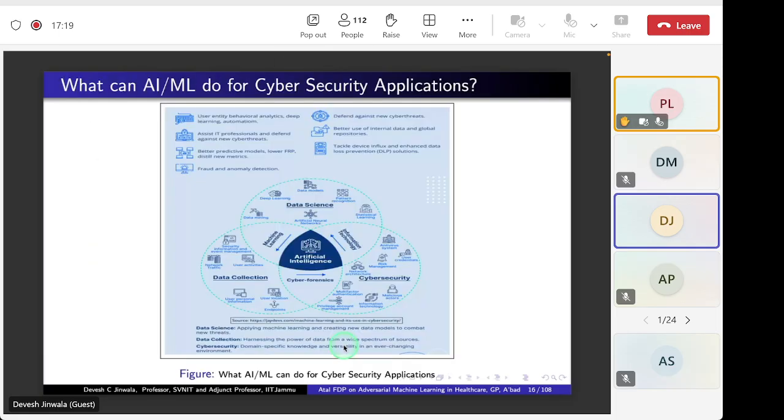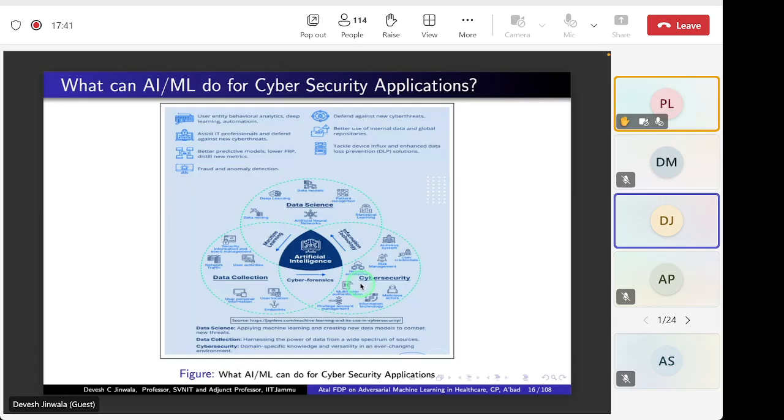It's like a marriage of different fields: analyzing data, which comes from data science, processing of the data, which comes from data engineering, collection of data, and then refining that data, and cybersecurity. All of them use machine learning techniques to give us an AI-based cybersecurity application.